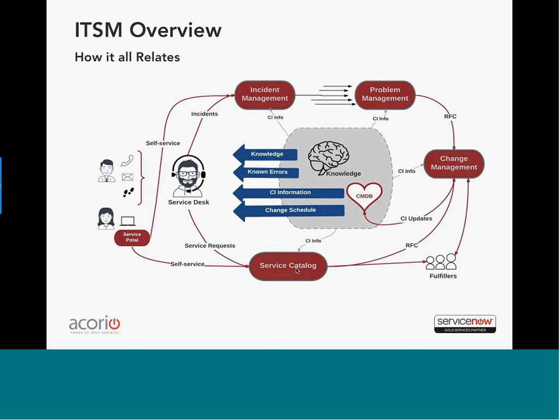Here is a diagram of how all the applications interact with each other. Again, we have the service portal. This is the user point of view, so it acts as the intake for both incidents and service requests. Requests can also be initiated from the service desk. If the end users are not using the portal, the service desk can initiate both from the fulfiller side in ServiceNow.